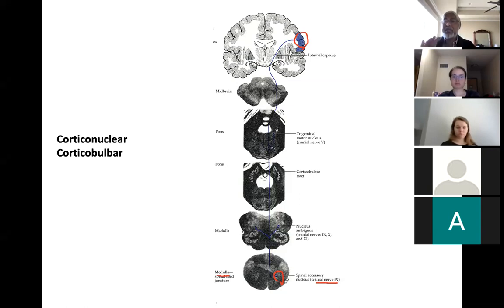But remember that some of the muscles are innervated by cranial nerves and their nuclei are all located within the brainstem. So their upper motor neuron will not go down any further below the medulla. That's why we cannot classify them as corticospinal. We call them corticonuclear.